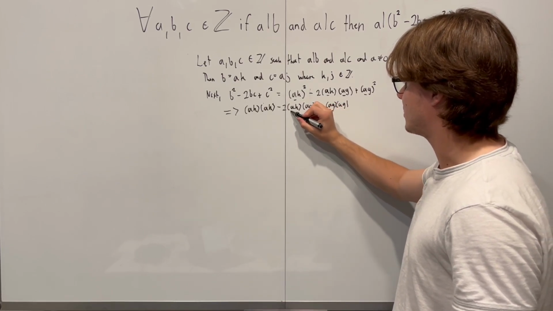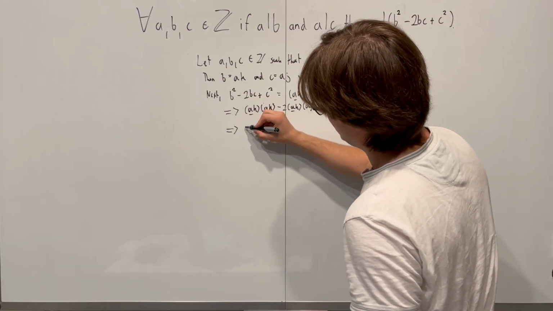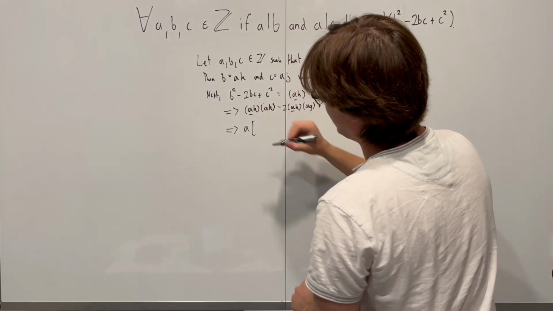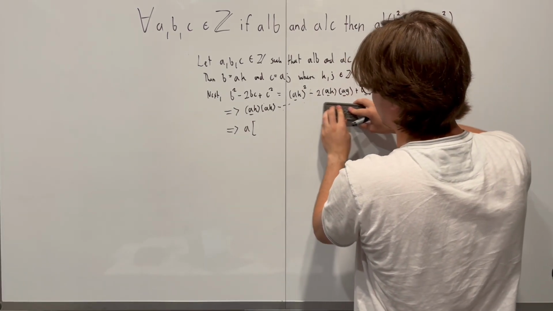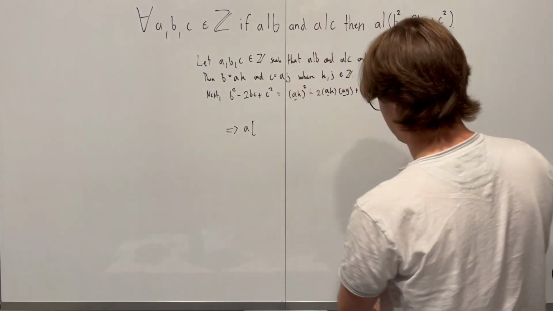And of course, now you can see we can factor an a out of all of these. So this is the same as saying a multiplied by, now I am going to go a step back. So I am going to actually get rid of this middle step. This was just to show you more explicitly that it does allow us to factor an a out.